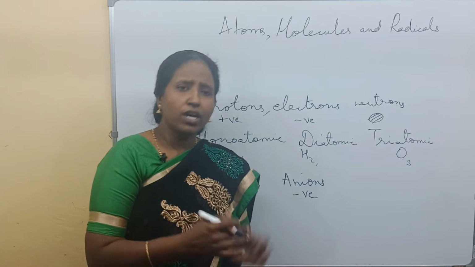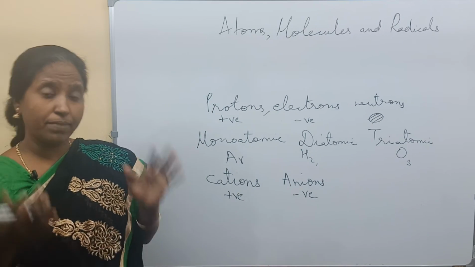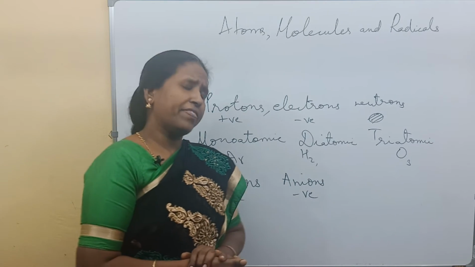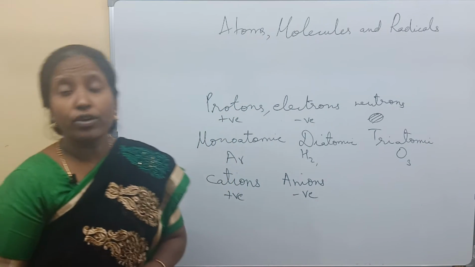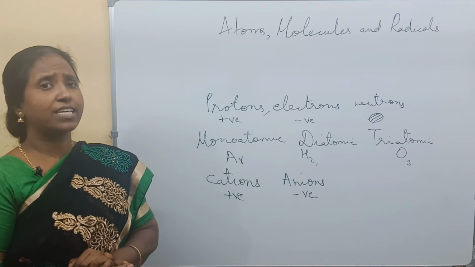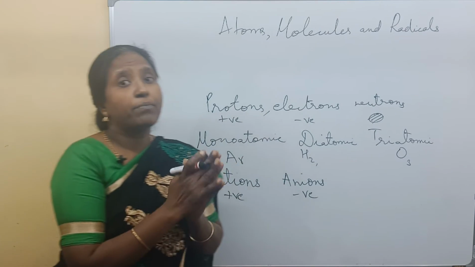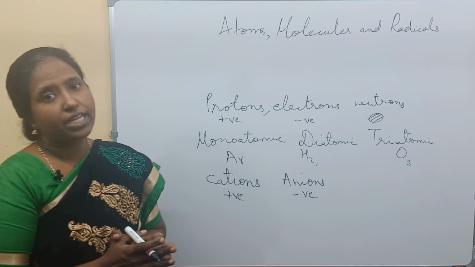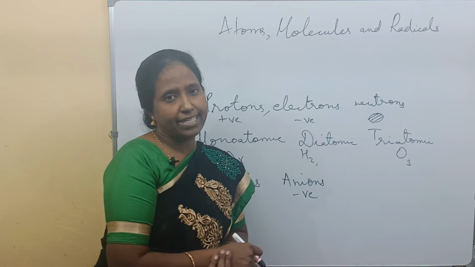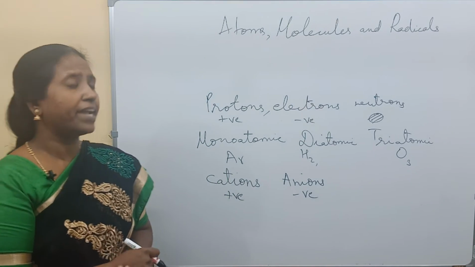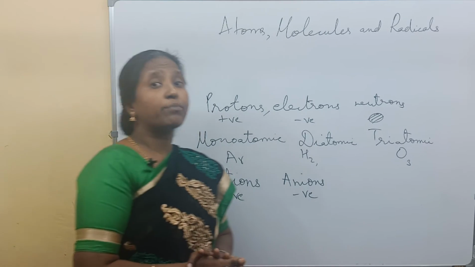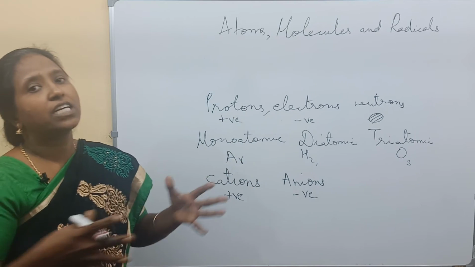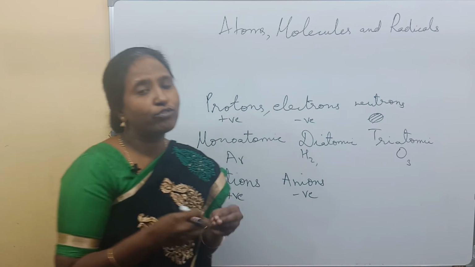These are generally called basic radicals or acid radicals. Then we have learnt about valency. Valency is the number of hydrogen atoms which can combine with that particular element. Later we learnt about molecular formula.